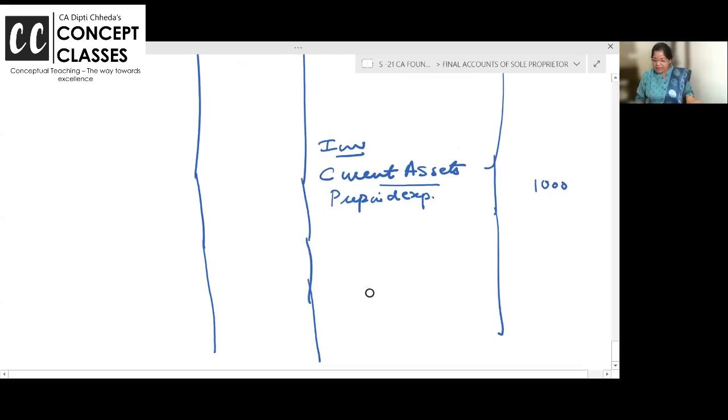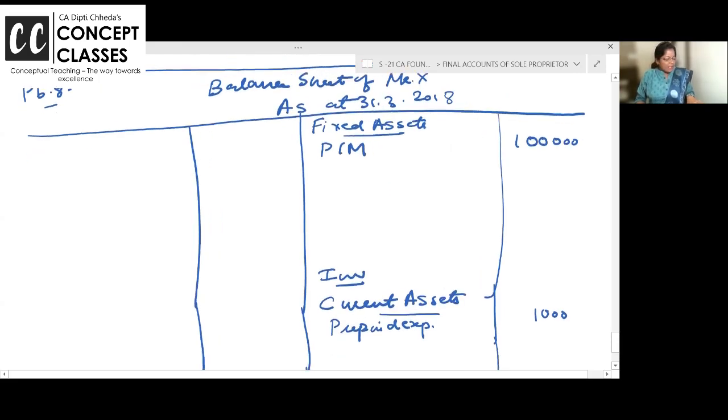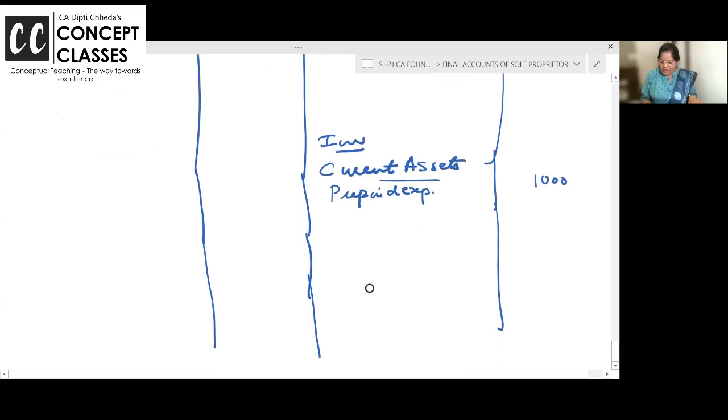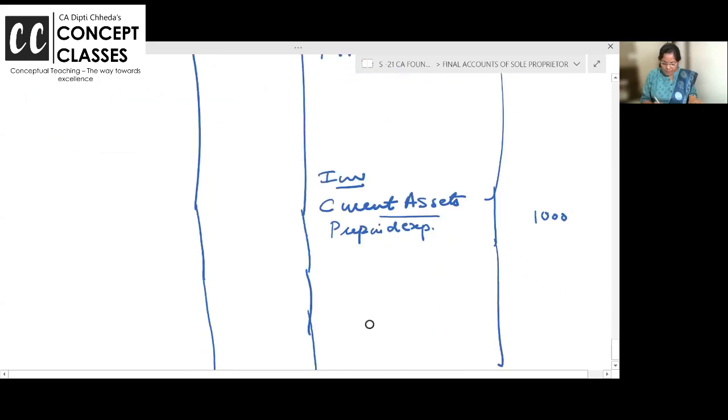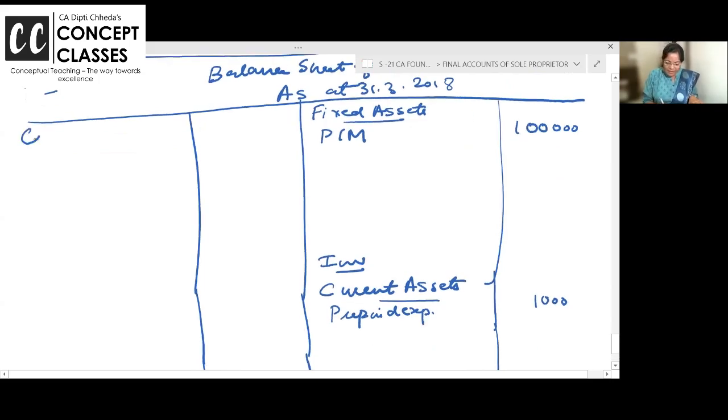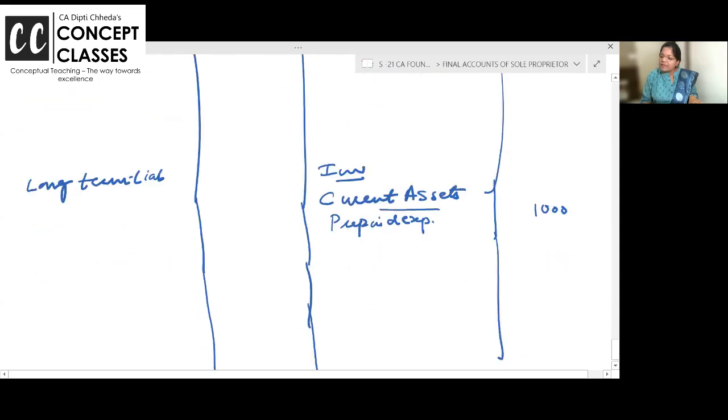Income received in advance. Are you all reading with me? Understand these terms. If you receive income in advance, it should come on the liability side. Income received in advance. It will come on the liability side. So on the liability side, can we start by writing capital first? Leave 5-6 lines. Long-term liabilities.